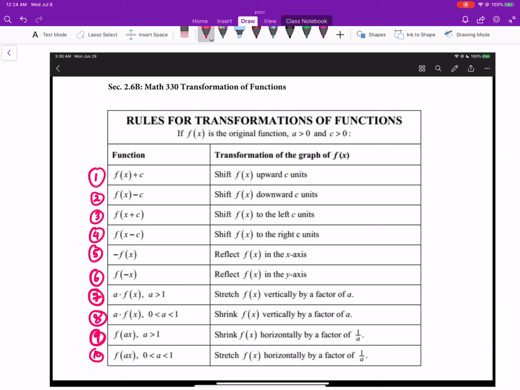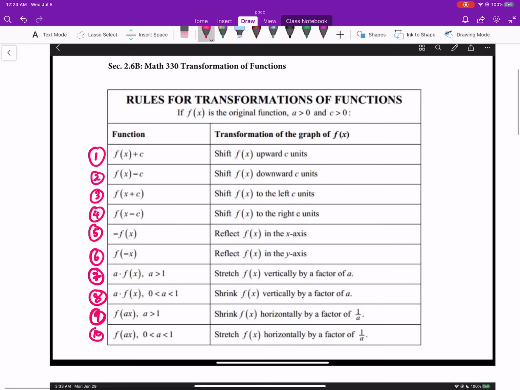But rather, what it does is that it shrinks horizontally by a factor of 1 over a. And then likewise, if you have f of ax and the a is between 0 and 1, you would think that, oh, since it's a decimal, it's supposed to shrink, but rather it's a counterintuitive understanding. It stretches horizontally by a factor of 1 over a.